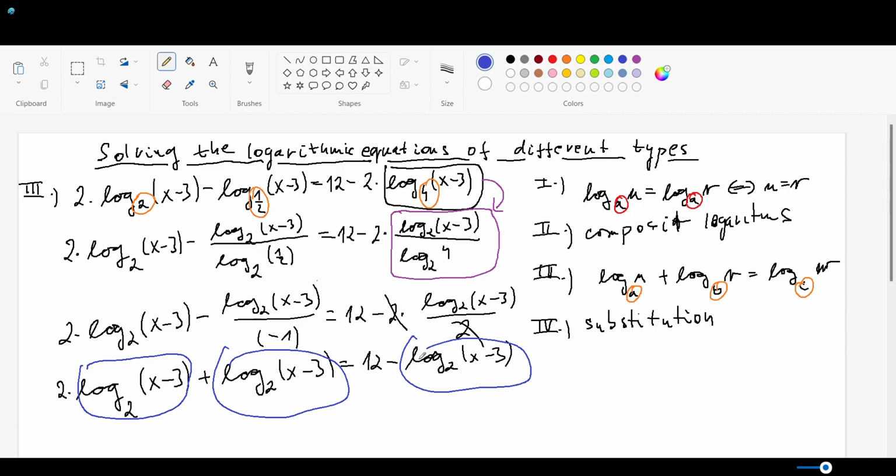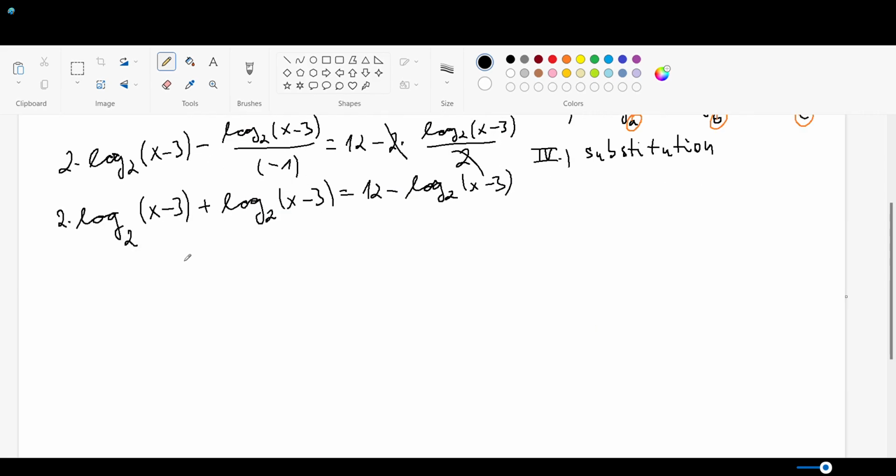So it is a really clever idea to put all these somethings, log base 2 of x minus 3, and count with them like with like terms, so that we can simplify the equation like this: 2 log base 2 of x minus 3 plus log base 2 of x minus 3, that is 3 times, take away 1, which we will move to the right side, which is then gonna be 4 times log base 2 of x minus 3 is equal to 12.